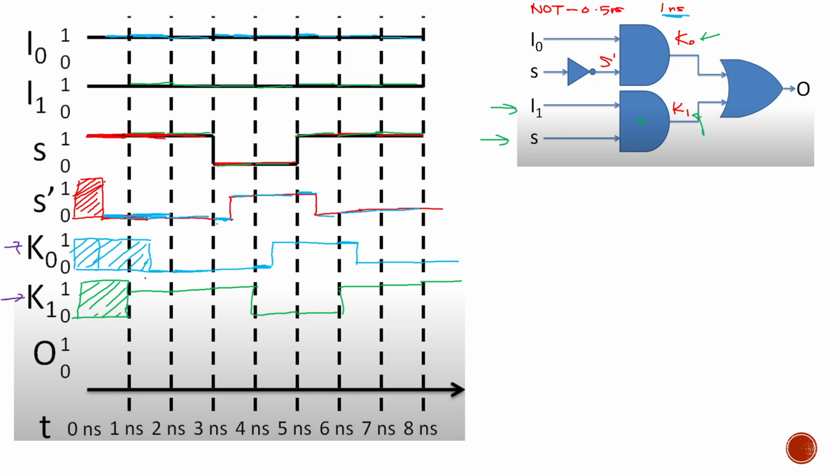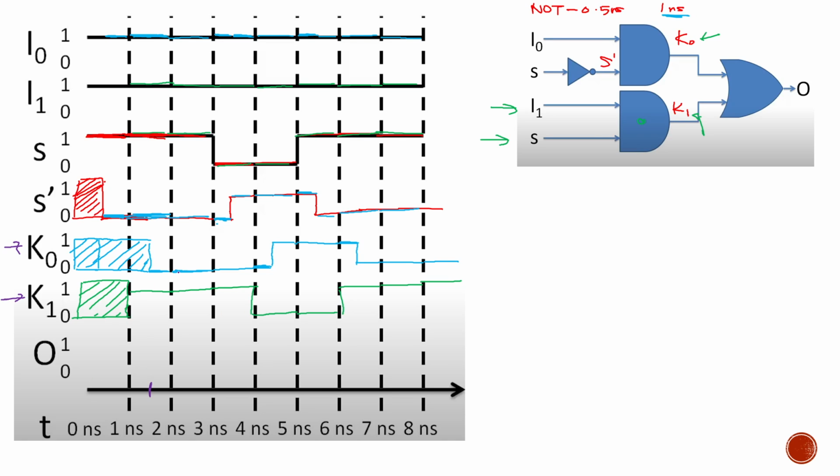For the output to be produced, we have to wait until we have signal from both sides, from K0 and K1. So our drawing will only start right here, because K0 only starts giving an input at this point.